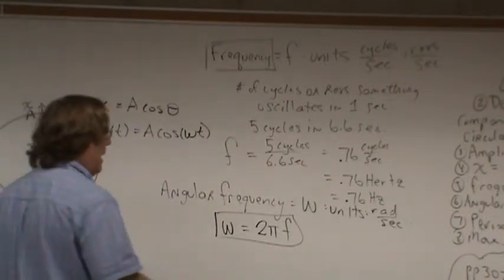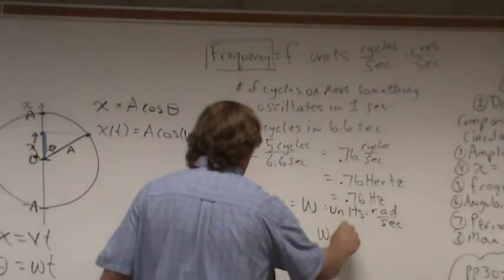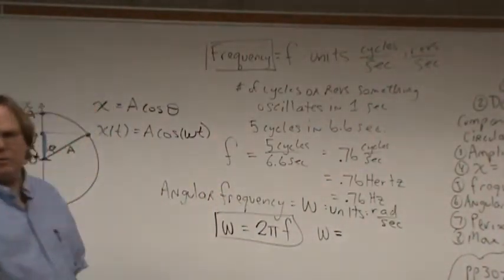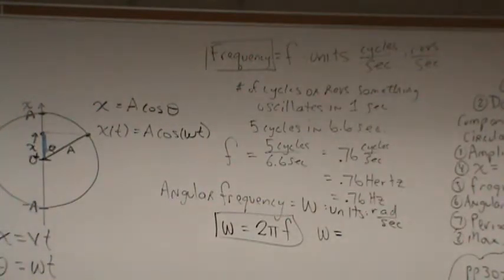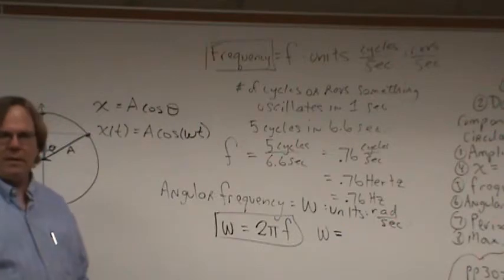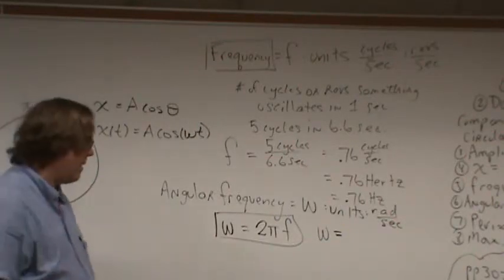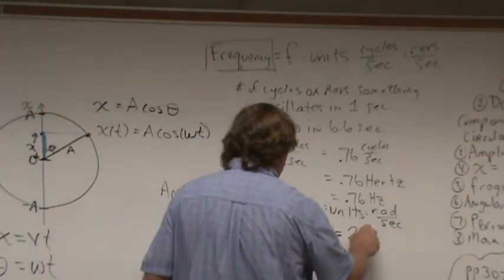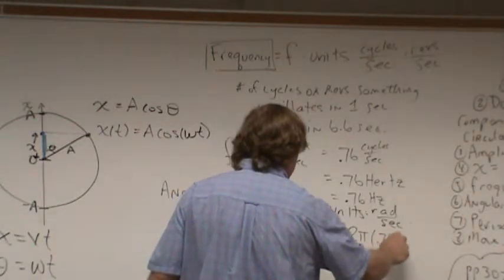So I'd like everyone right now to please get me the omega of my spring mass system. What's the angular frequency of this spring mass system? Hopefully you're doing 2 pi times 0.76.